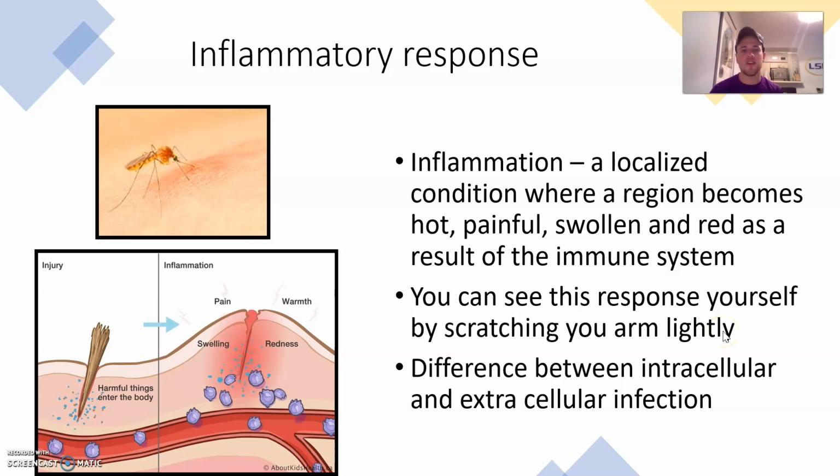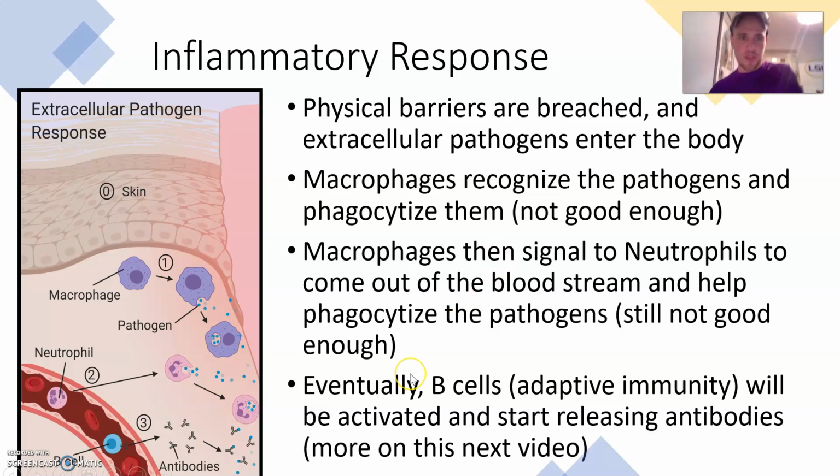And so this happens every time you have an intracellular or an extracellular infection. So we're going to talk about this response, and this ties it all together, right? The first thing that needs to happen is that you get past these physical barriers that we talked about.